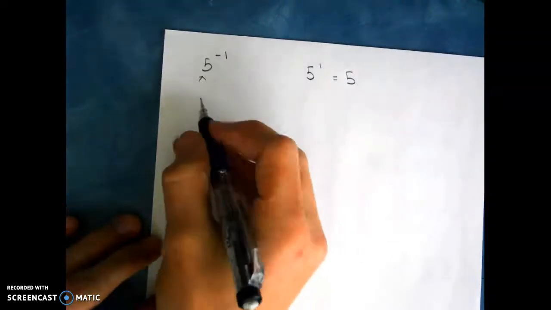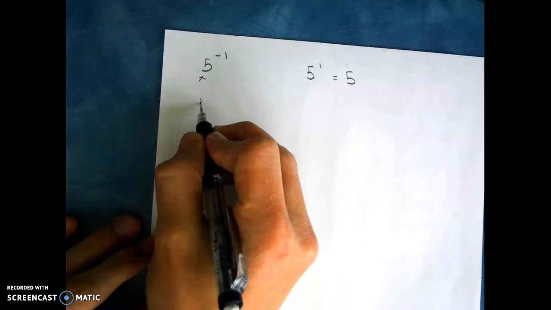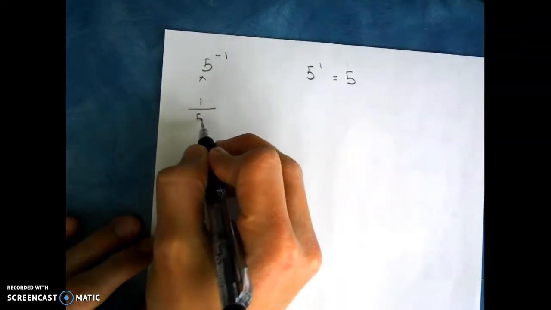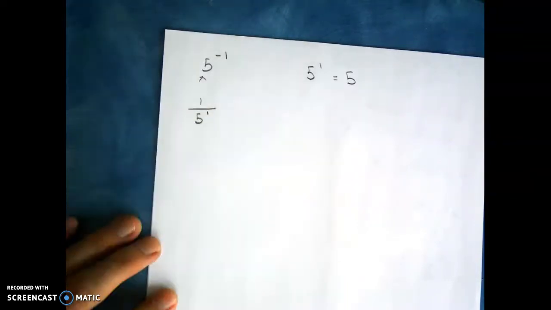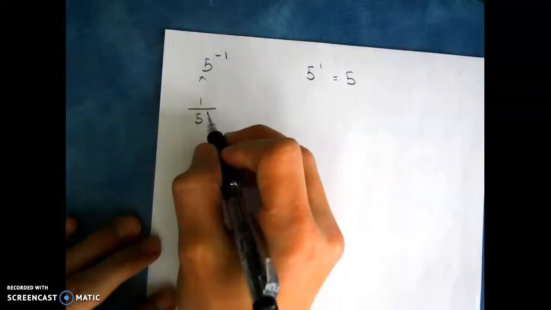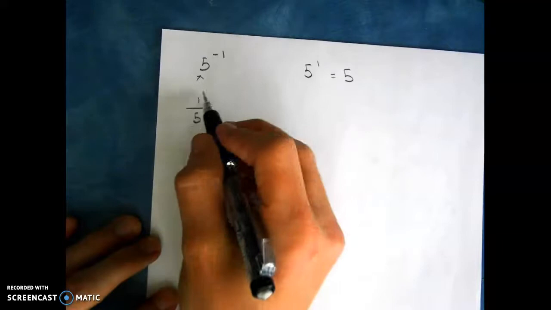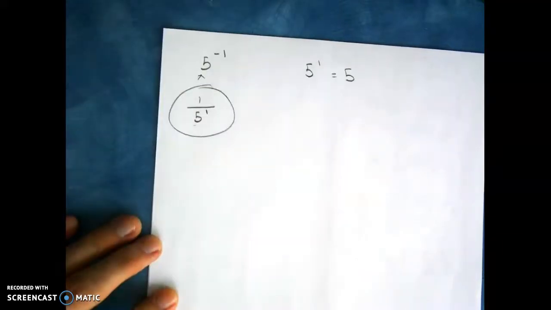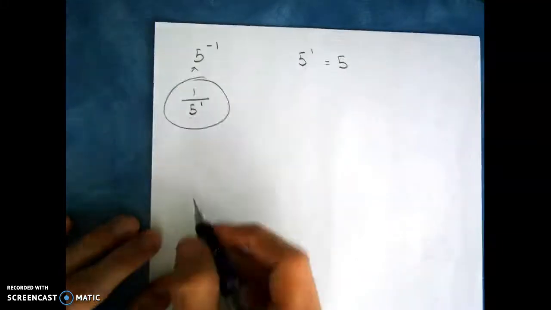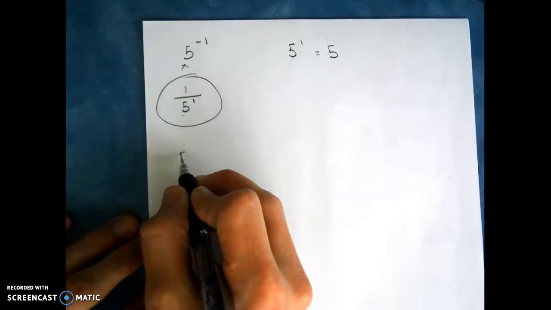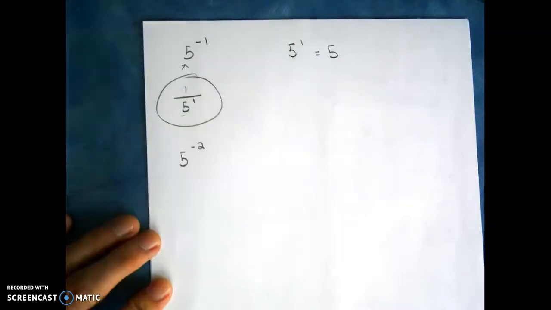So here, we can rewrite this as 1/5 to the first. And we really don't need to write this first here, because anything to the first is just itself. So this would be 1/5. Okay? Now what about if we had 5 to the negative 2?